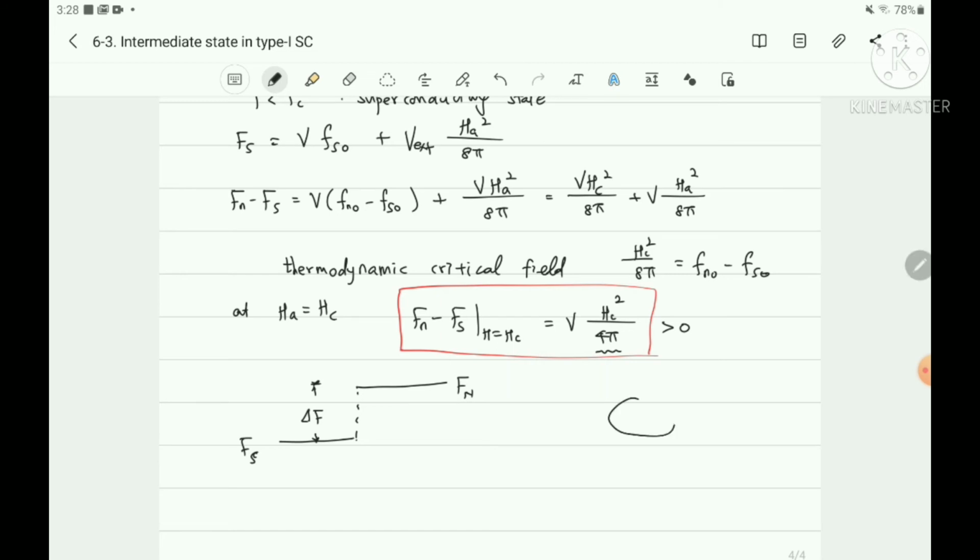I mean that when there is a sample, and by applying magnetic field, then in the normal state, magnetic flux enters inside the sample, it means that the magnetic field energy is very high, but in superconducting state, the magnetic field energy inside the sample is excluded, and therefore the free energy decreases. And therefore, the reason why the materials become the superconducting state is that materials favor to have the lower magnetic field energy when you apply magnetic field.